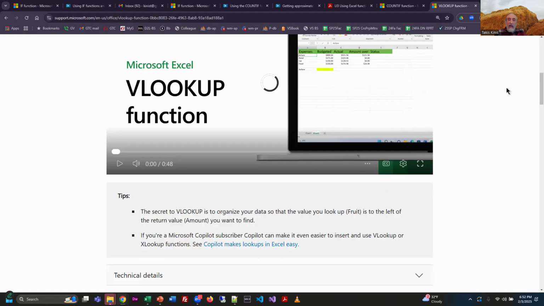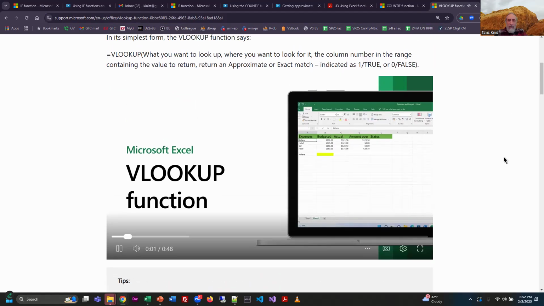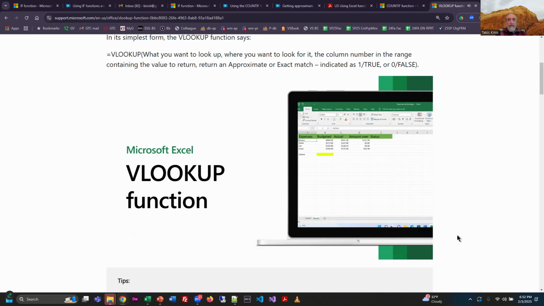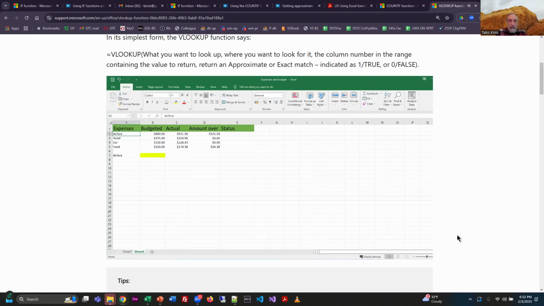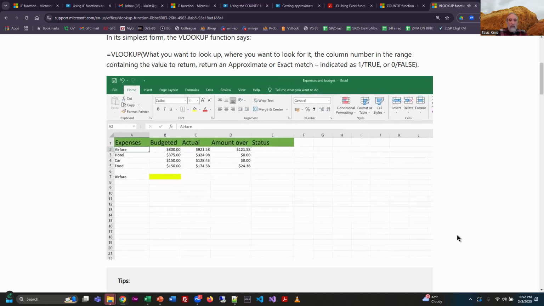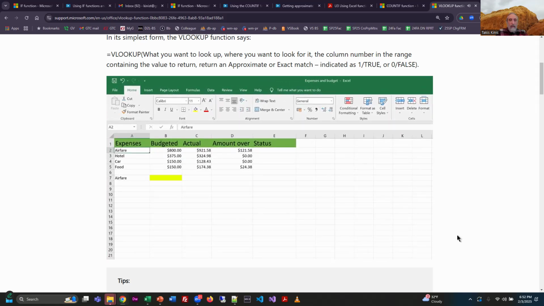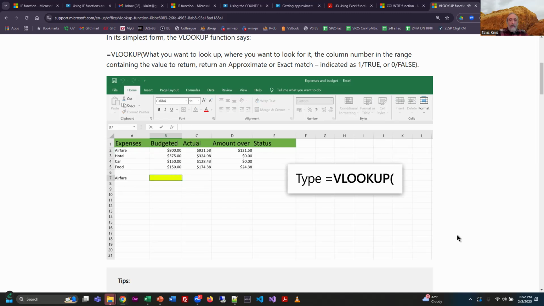So let's just do a really quick little video watch of this. Use the VLOOKUP function in Excel to quickly find information in a table range or large spreadsheet. For this example, we're looking at the budgeted cost of airfare. Select a cell. Type =, VLOOKUP, left parenthesis, and select the value to look up.